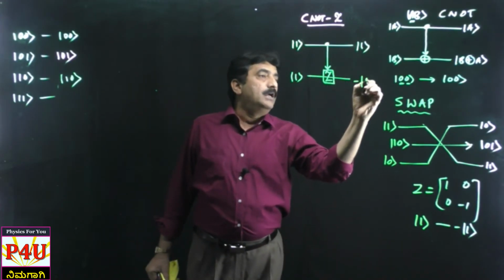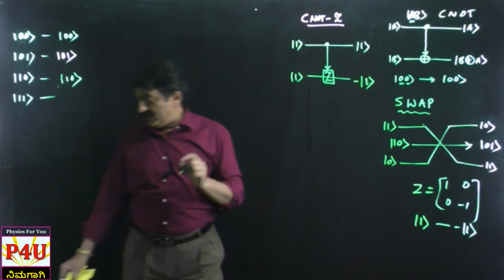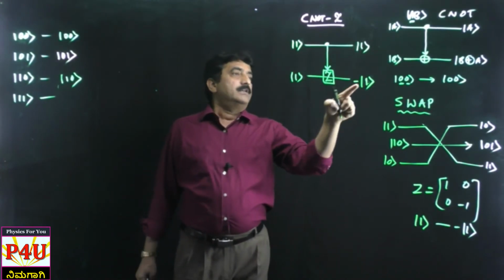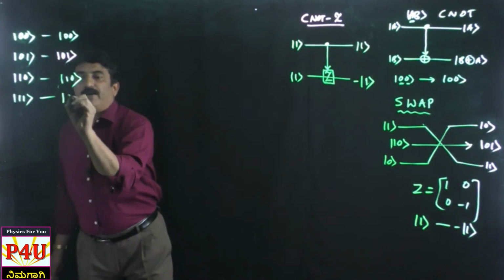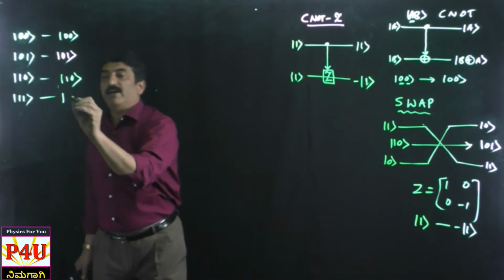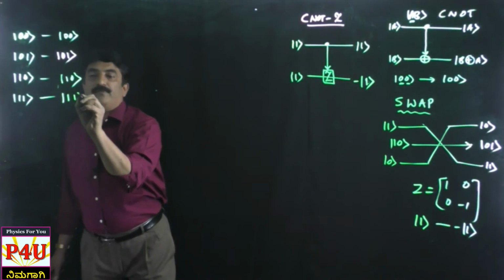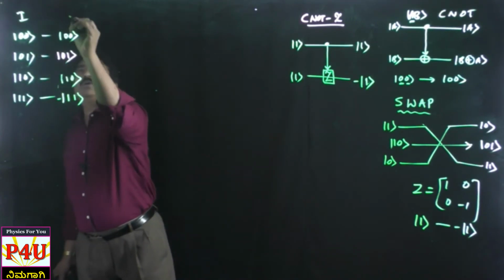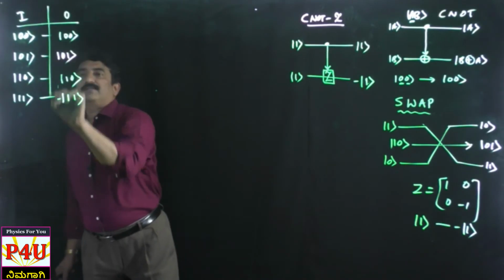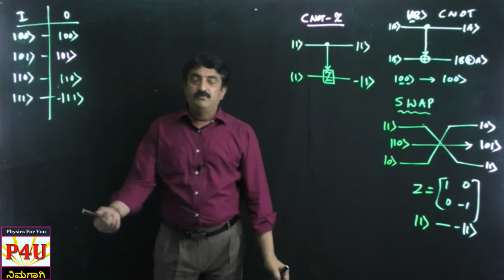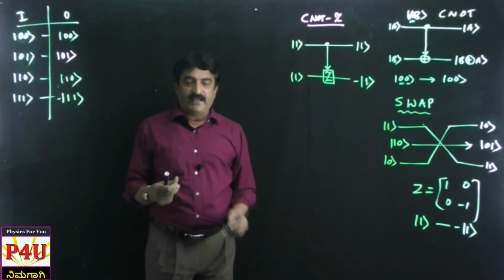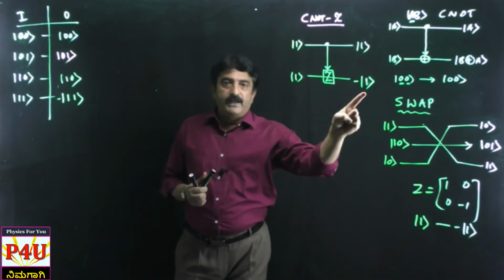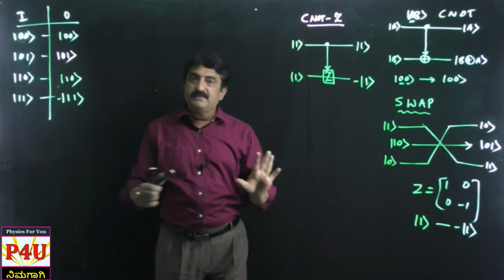Therefore, it becomes minus ket 1. The control 1 comes out without any problem, and the target 1 comes out with the negative sign. So this is input, this is output. That's all about the controlled Z gate: the symbol, operations and truth table I explained.